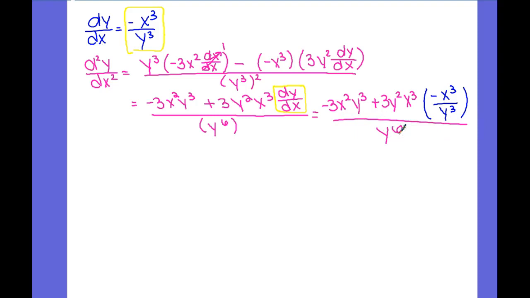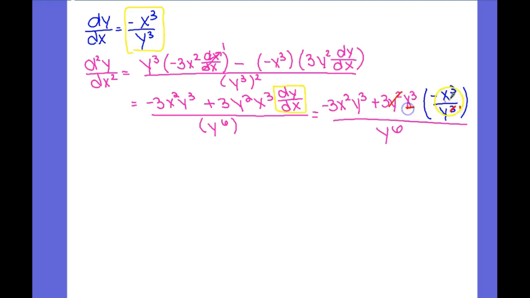Here's where your algebra plays a huge part. We have y squared in the top, y cubed in the bottom. So we're going to take those two away, cancel them with that one, and that just leaves me with a y in my bottom.